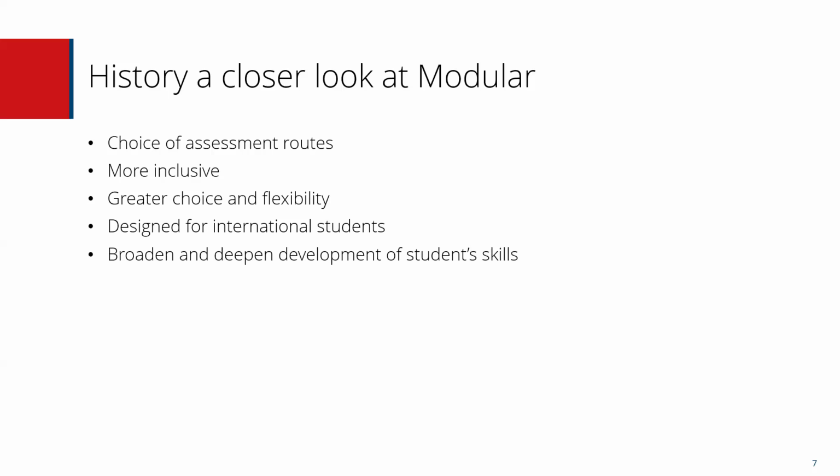And then broaden and deepen development of student skills. Basically, the qualification aims to extend their knowledge and understanding by broadening and deepening their skills. I did go through quite a few examples last time. I'll just give one.